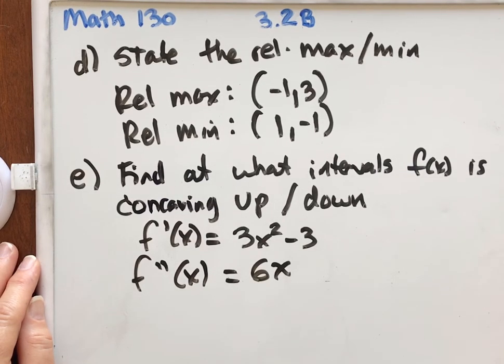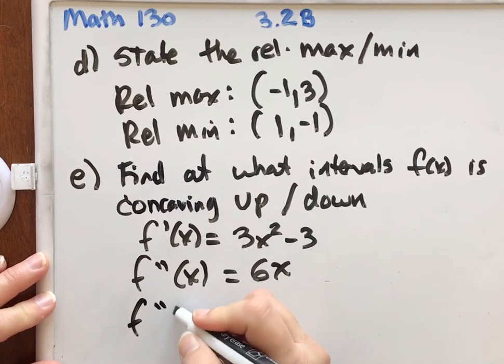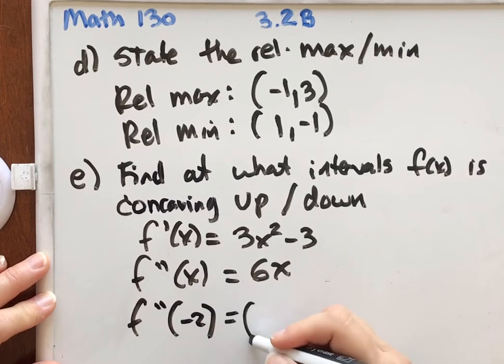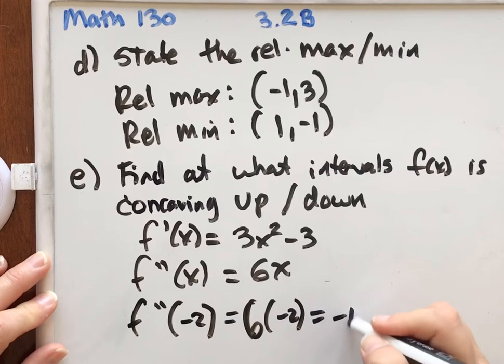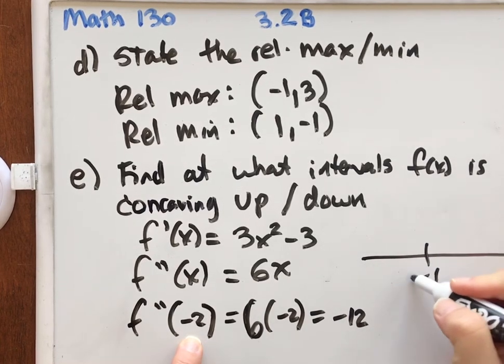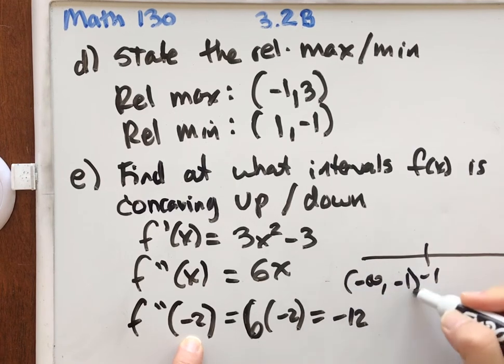All right. So if we take the second derivative at -2, we get 6 times -2, which equals -12. Now, why did I choose -2? Because -2 was in that interval from -infinity to -1.